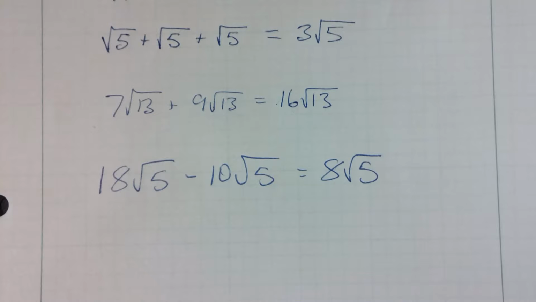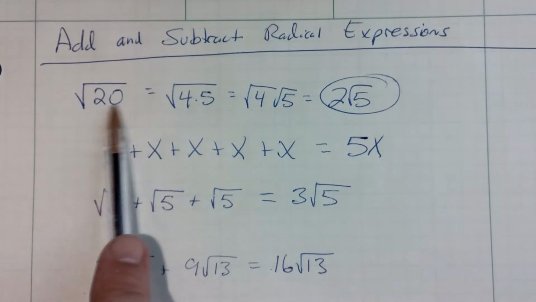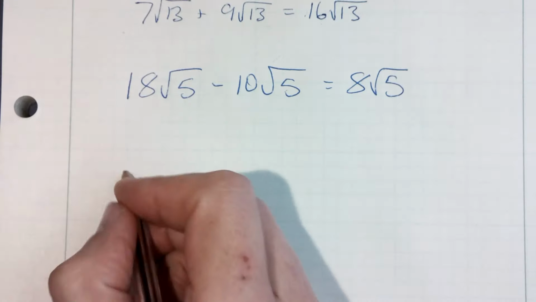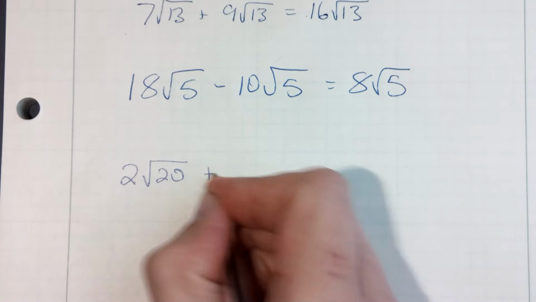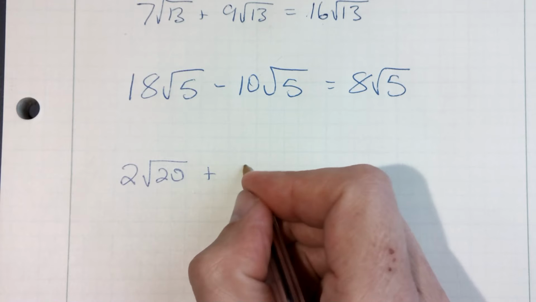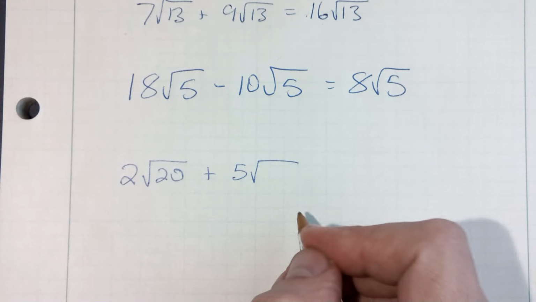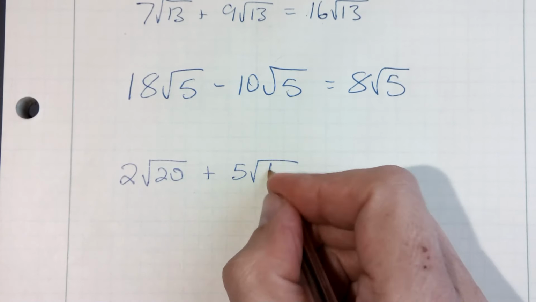Now, they might actually have you do a combination of reducing as well as adding like terms. So you might be given something like this: 2 square roots of 20 plus 5 square roots of 45.